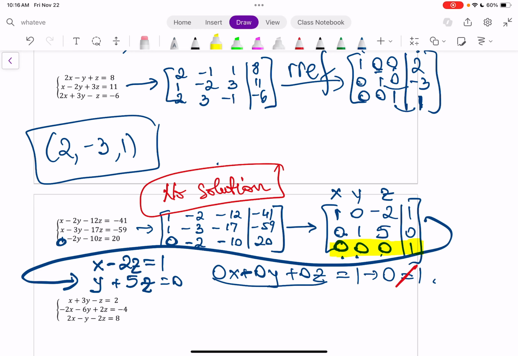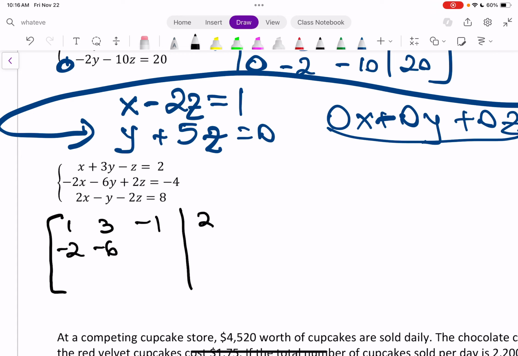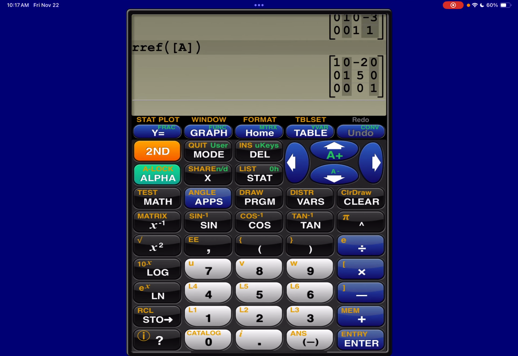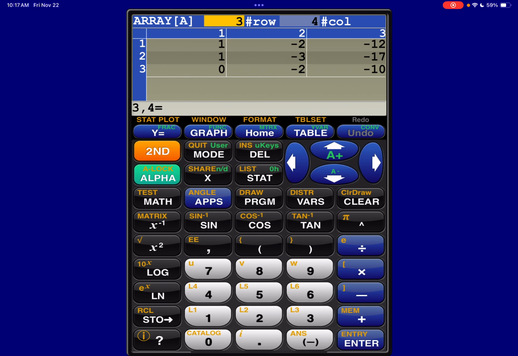Okay. All right, here's one more. So let me write the augmented matrix first. 1, 3, -1, 2, -2, -6, 2, -4, 2, -1, -2, and 8. And again, we've done this problem in 8.2. And I'm going to go next and enter it. So I want to edit matrix A, which already is a 3 by 4.